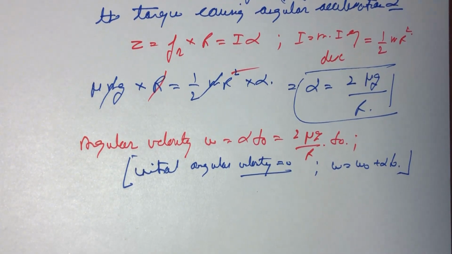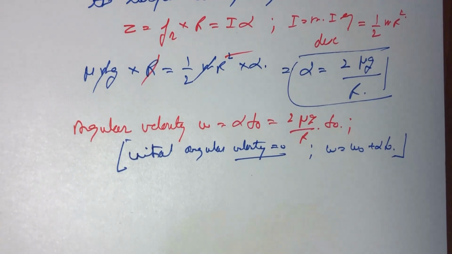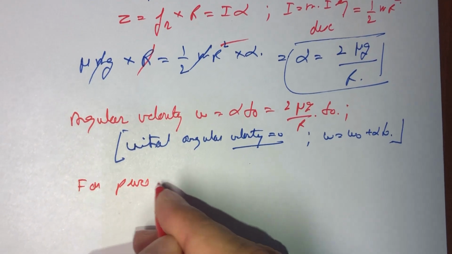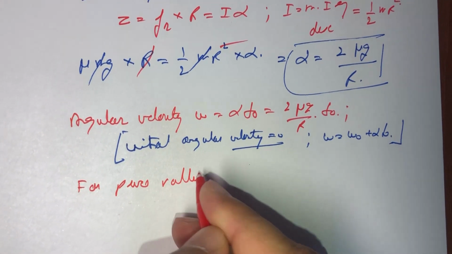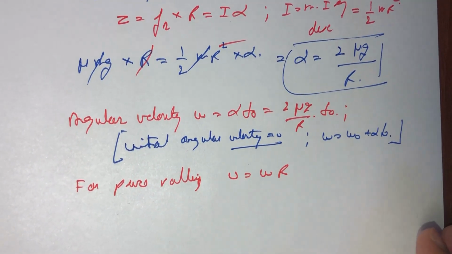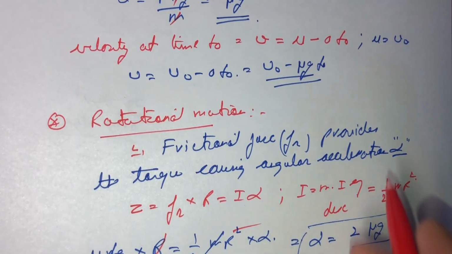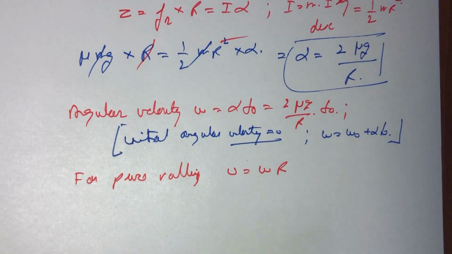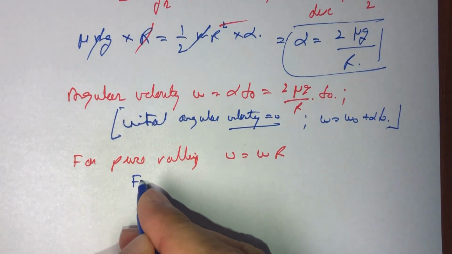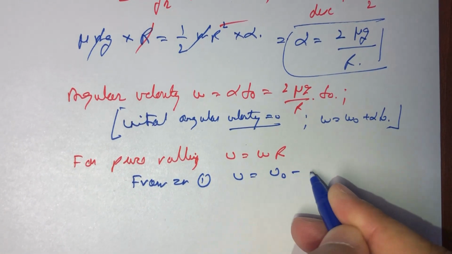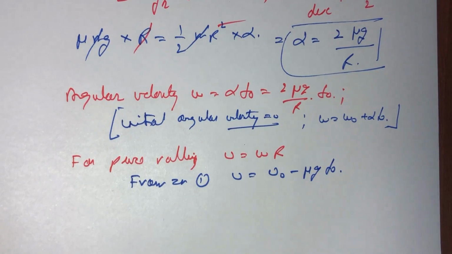Now for pure rolling, we also know the relationship between the velocity of the center of mass and angular velocity. So for pure rolling, we have v is equal to omega r, and from equation 1, let us suppose this is equation 1, we know that v is equal to v naught minus mu g t naught.